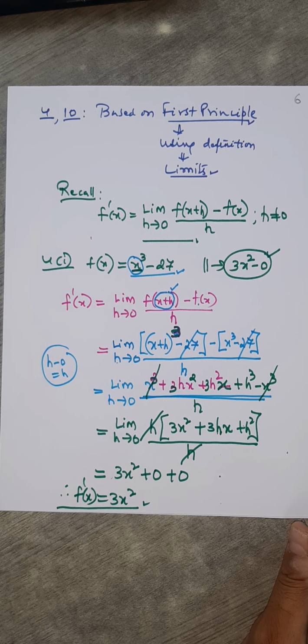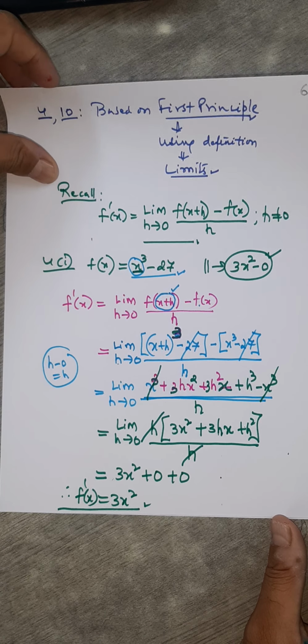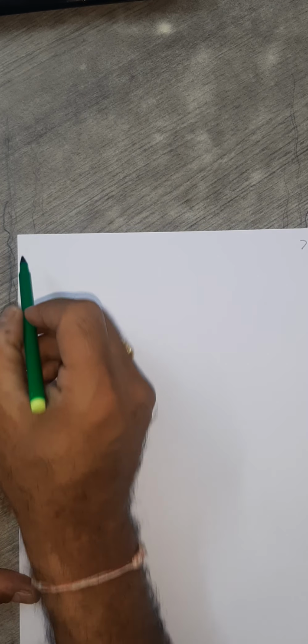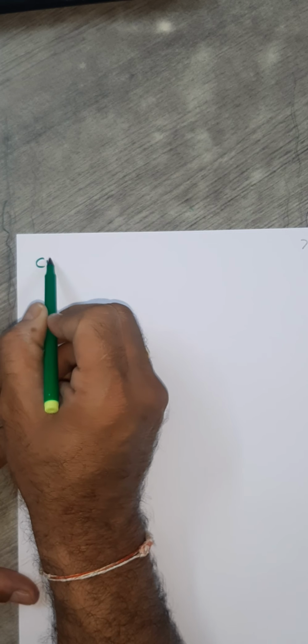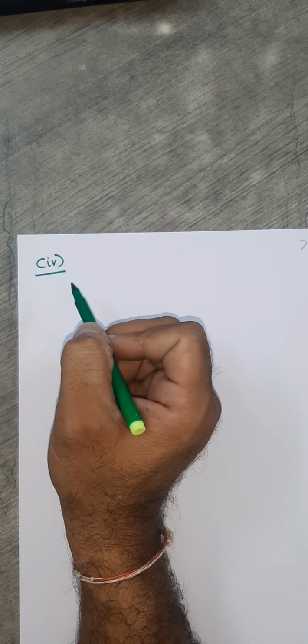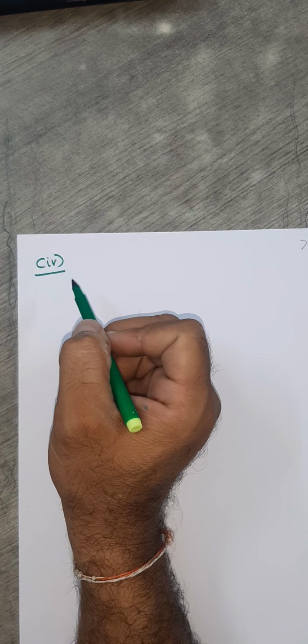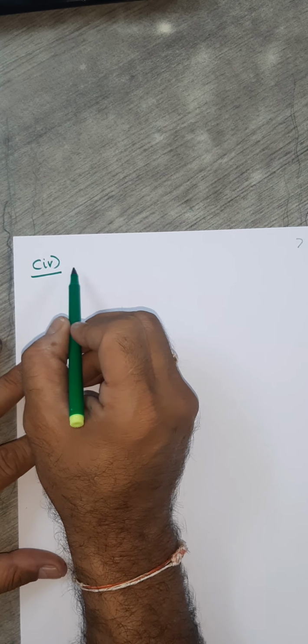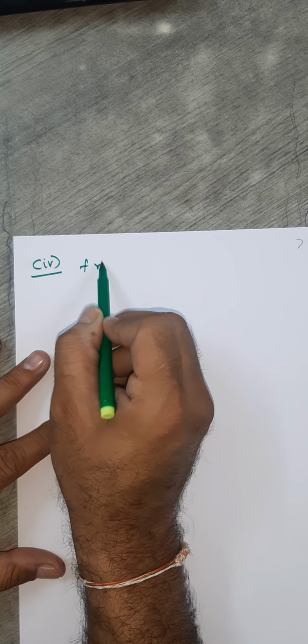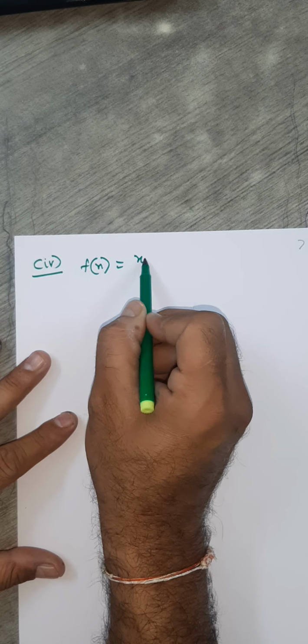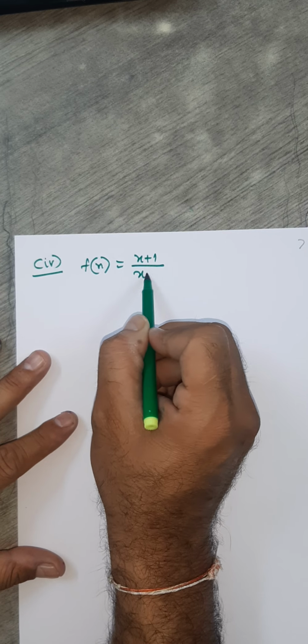Fine. Now here I'll go directly to the fourth sub question. Middle two you can try. I'm sure you can do it. We have there f(x) equals x plus 1 upon x minus 1.